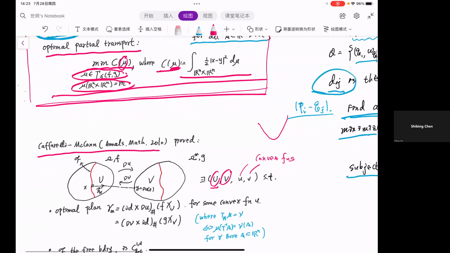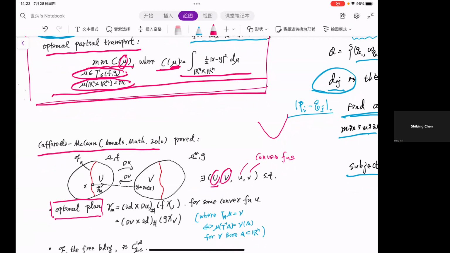At the beginning, we formulated the optimal plan as a joint measure. The optimal transport plan can be given by using these two functions, u and v, in this formula. Basically, it's a push forward of f restricted to the set U. So this is a very nice characterization of the optimal transport plan.